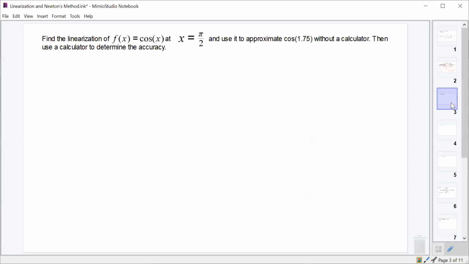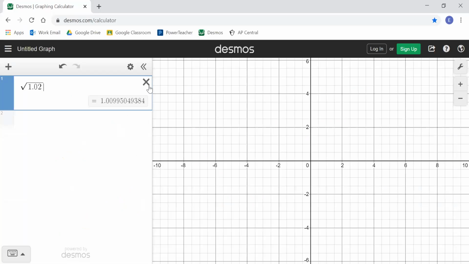All right. So we are going to try to approximate the cosine of 1.75 without a calculator. And since it's cosine of 1.75, we're going to use the function cosine of x. And we're going to use the approximation at pi over 2, which we should know. Look and see what pi over 2 is. Pi over 2 is pretty darn close. Not super close, but it's fairly close to 1.75, right? They're off by what is that, 1800ths, right?